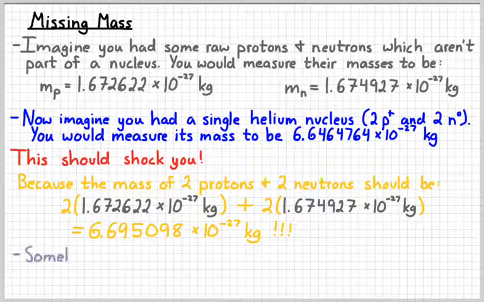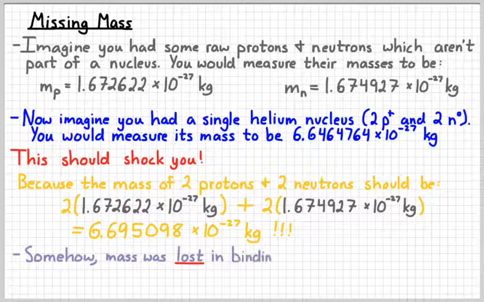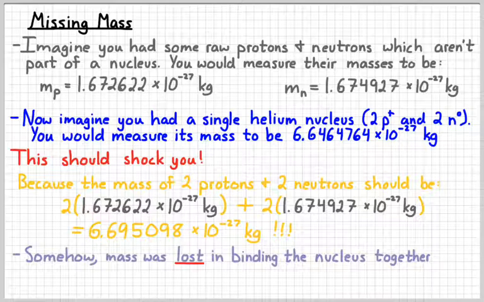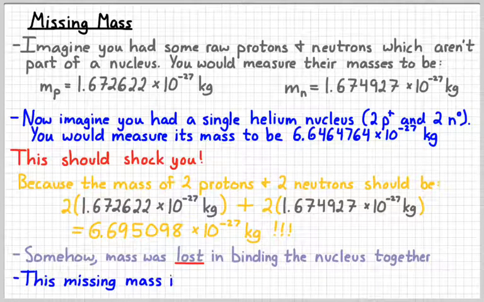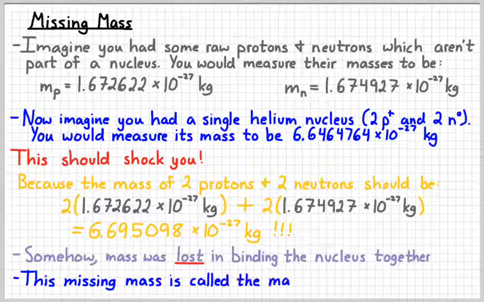Somehow, when we put the nucleus together, some of that mass was lost as we put it together, which should seem weird and strange to you. This missing mass we refer to as the mass defect.